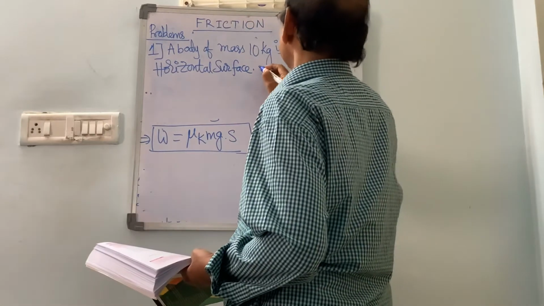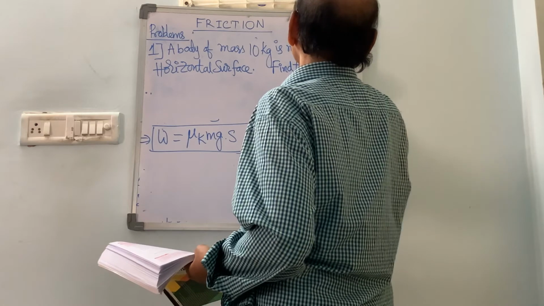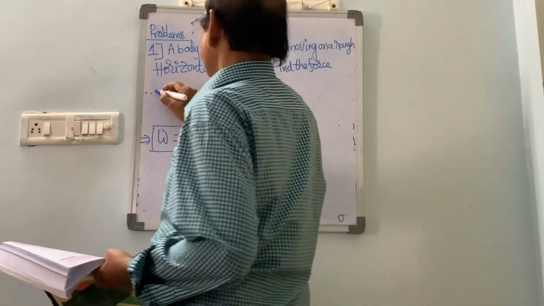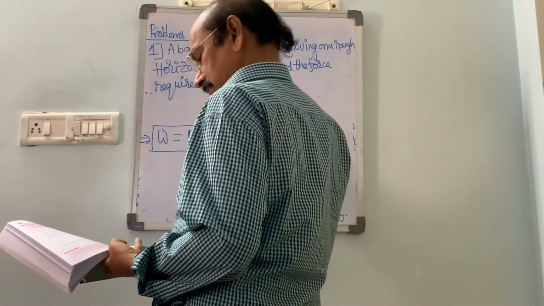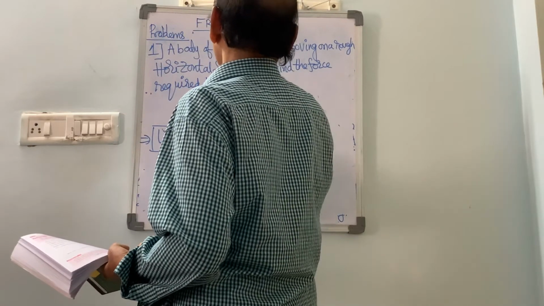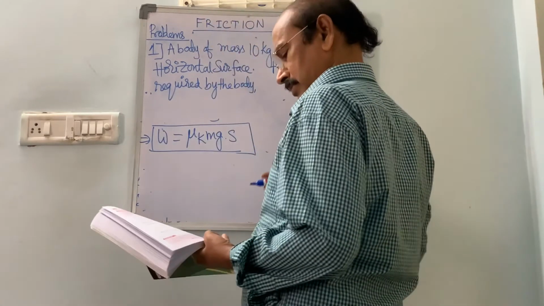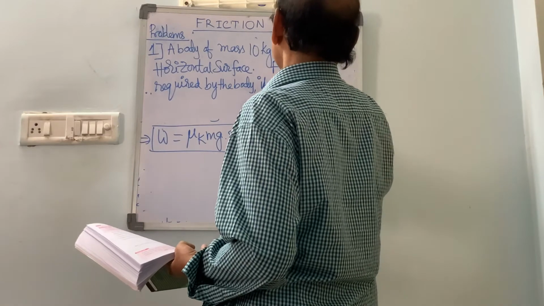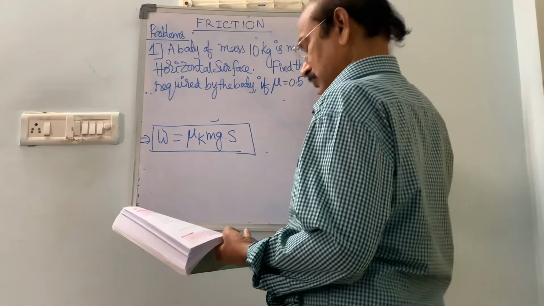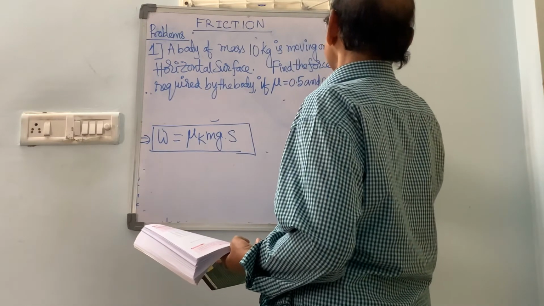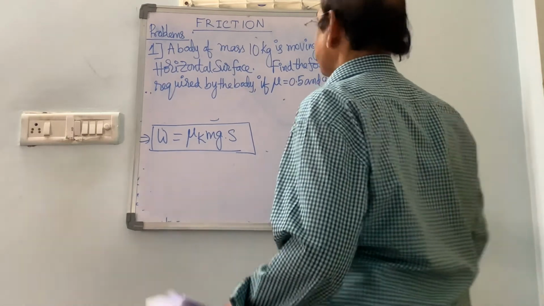Find the force required by the body if the coefficient of friction is 0.5 and g, acceleration due to gravity, is 9.8 meter per second square.